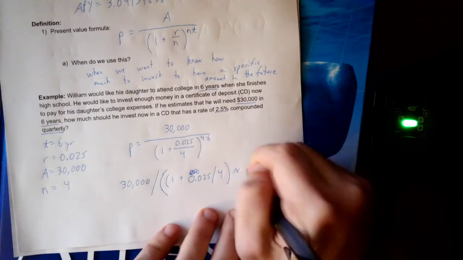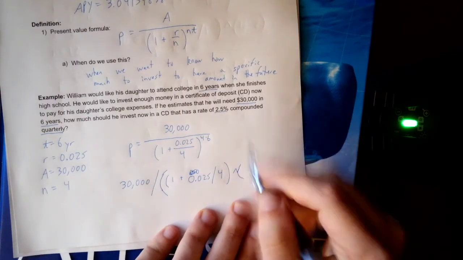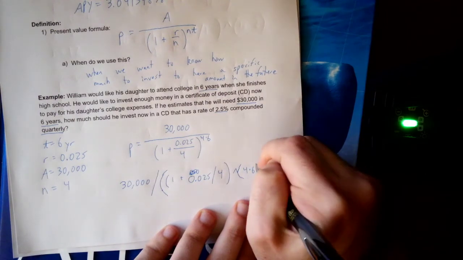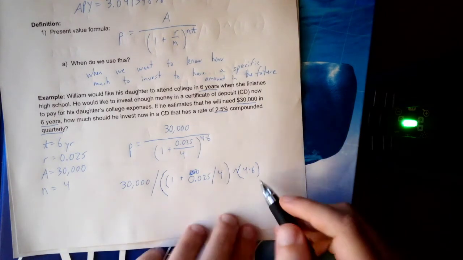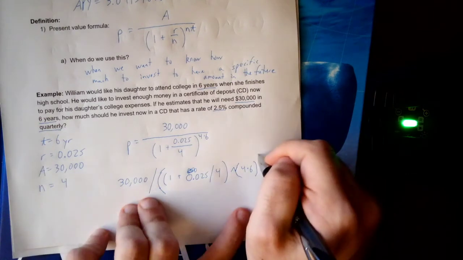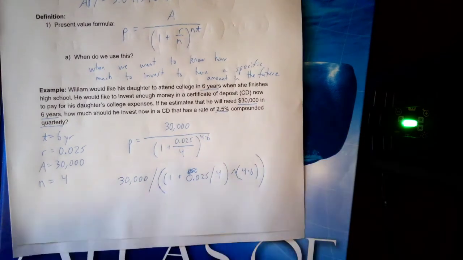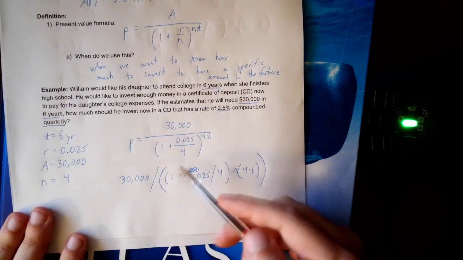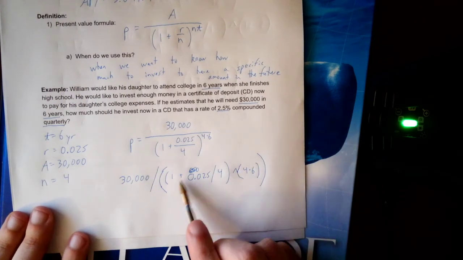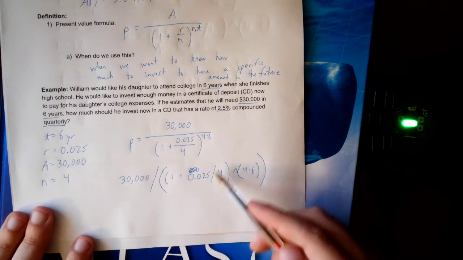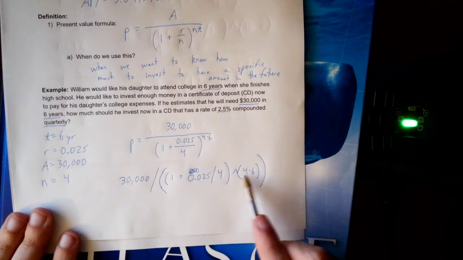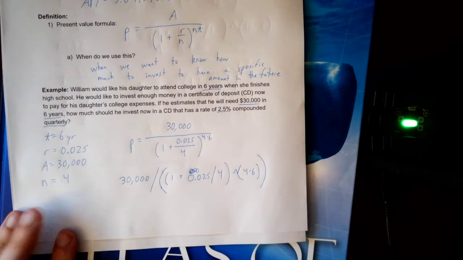Then I'll put the caret symbol, another parentheses, caret symbol, parentheses. In here I put the 4 times 6. Close that parentheses. Now I still have the big one from the beginning open, so I'll close that parentheses as well, right? 30,000 slash, parentheses, parentheses, 1 plus 0.025 slash 4, parentheses, caret, parentheses, 4 times 6, parentheses, parentheses.